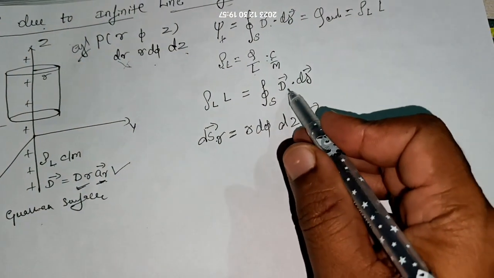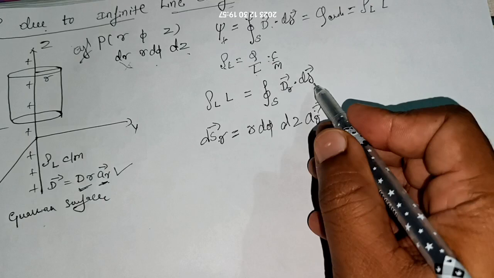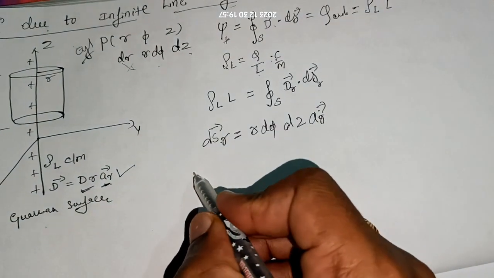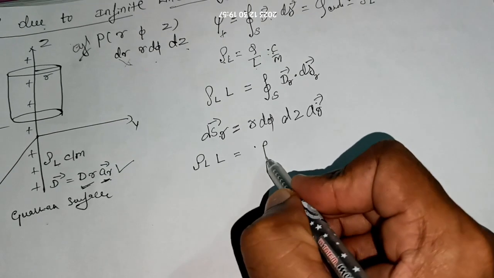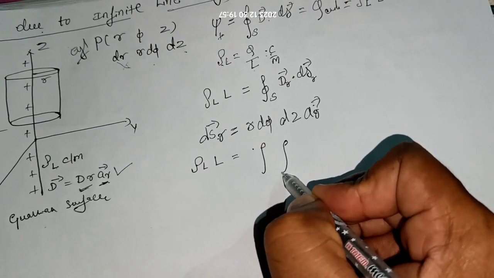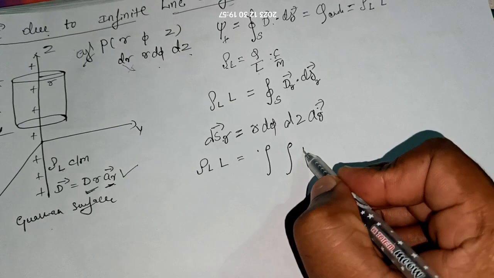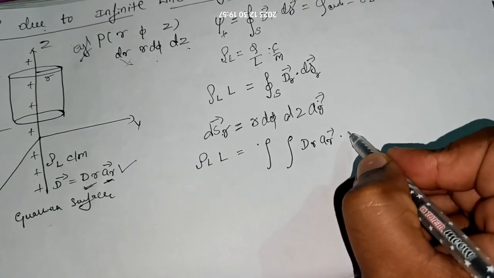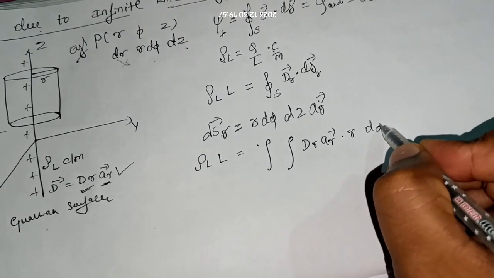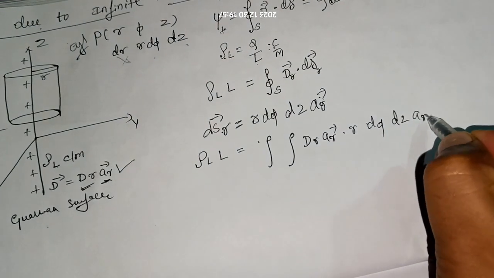Next, you just substitute here. This is the R component and this is also the R component. So here we will write rho L into L is equal to, so two integrations we should take. Dr is nothing but Dr aR and dS R is nothing but r d phi dz aR.